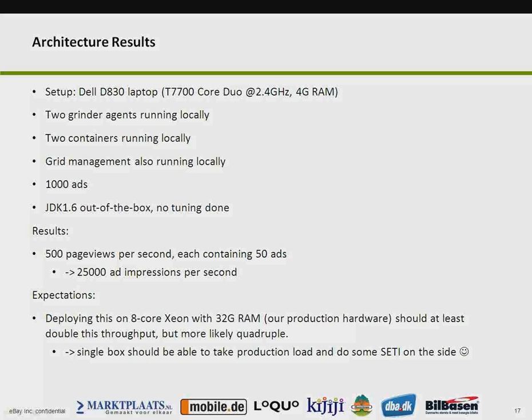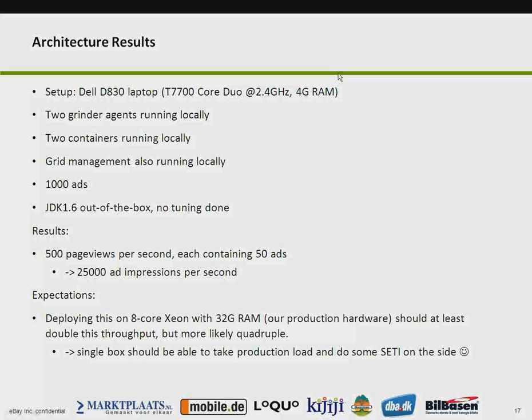Grinder is the load testing package we're using. 2 GigaSpaces containers, and the GigaSpaces management was running locally. We inserted 1,000 ads, and really to my surprise, we were able to handle 25k ad impressions per second on that system, which is more than double the current production loads.